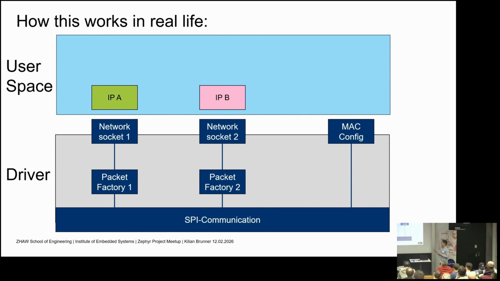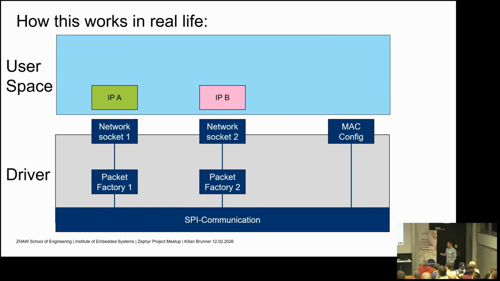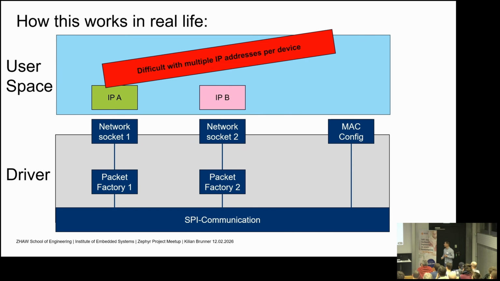So when I put this driver on an evaluation board, I see one issue. If I want to communicate with my sensor, I need an IP address A on the port 1 and an IP address B on port 2. So this means depending on from which side I connect to my sensor, I need a different IP address. And I think this is very difficult because multiple IP addresses is very, very annoying.